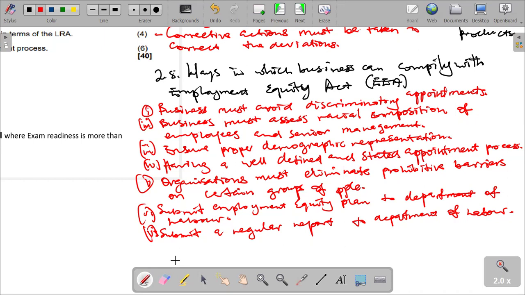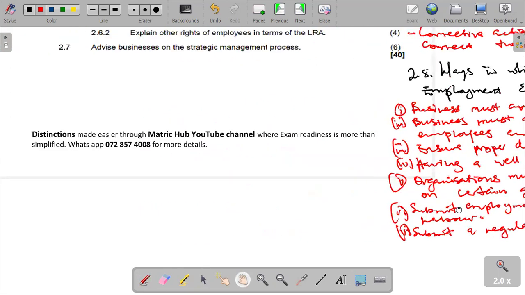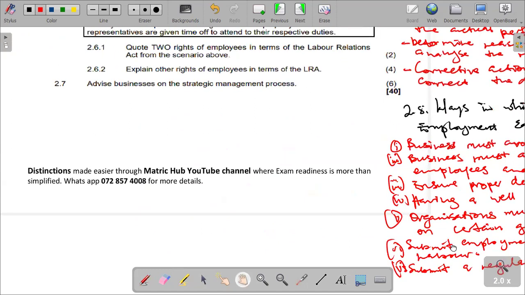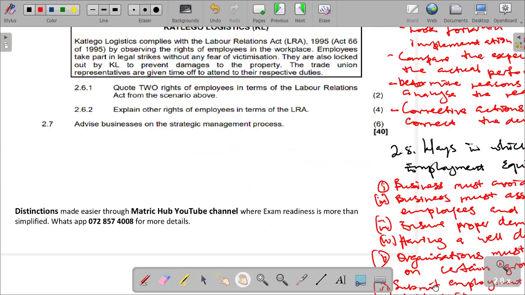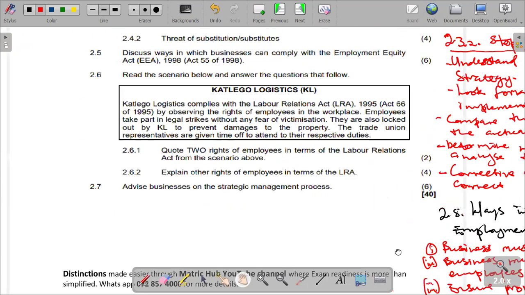Last but not least, ensure that diversity and inclusivity is achieved in the workplace. Hence, these are some of the ways in which a business can ensure that it has met the Employment Equity Act.